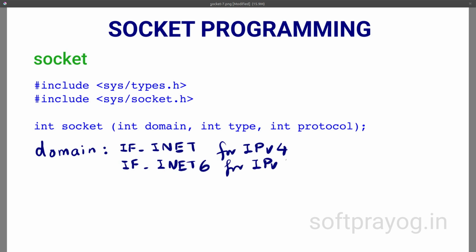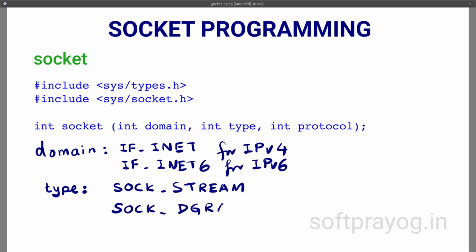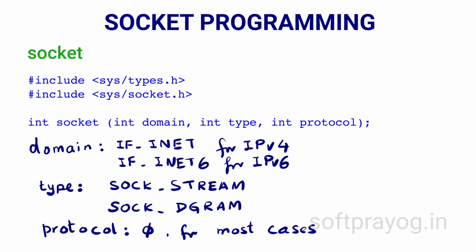The second parameter, socket type, can be SOCK_STREAM for stream sockets, providing a reliable, sequenced, full duplex connection based stream, or SOCK_DGRAM for connectionless, unreliable, efficient delivery of datagrams. The third parameter, protocol, specifies the protocol to be used. Normally, there is only one protocol for a given socket type, in which case it can be specified as 0. The socket call returns the file descriptor for the created socket.